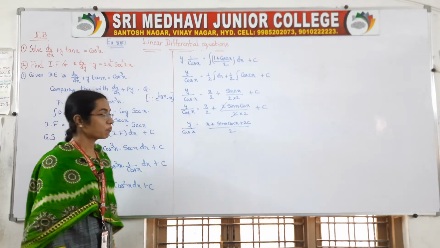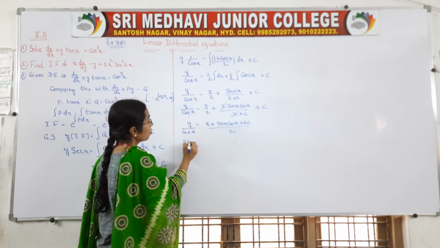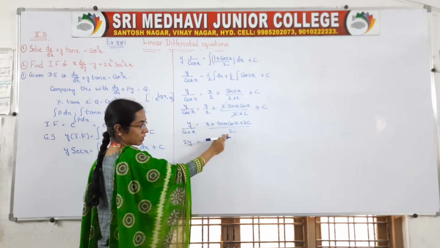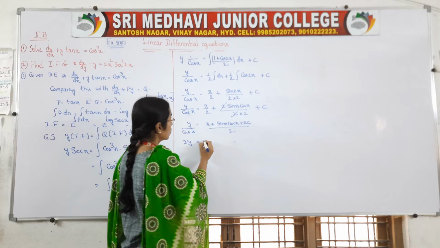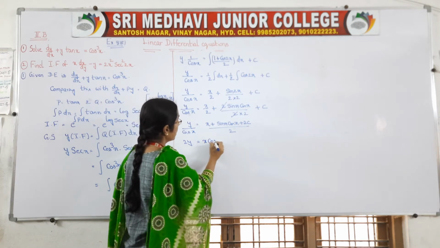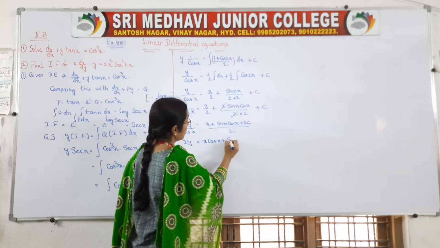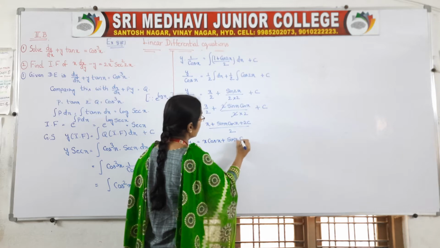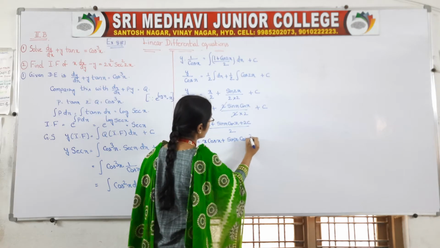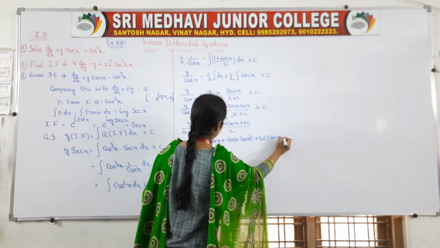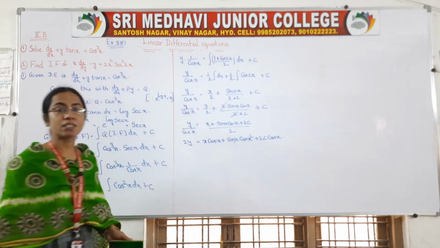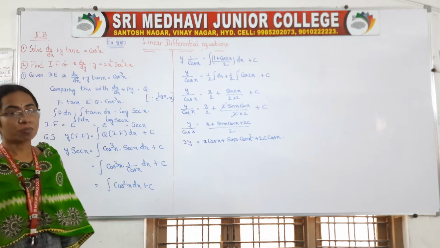Sending 2 to this side and cos x that side, 2y is equal to x into cos x plus sin x into cos x whole square plus 2c cos x. This is your solution for the problem.